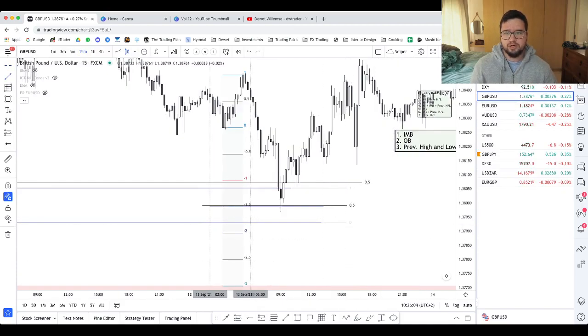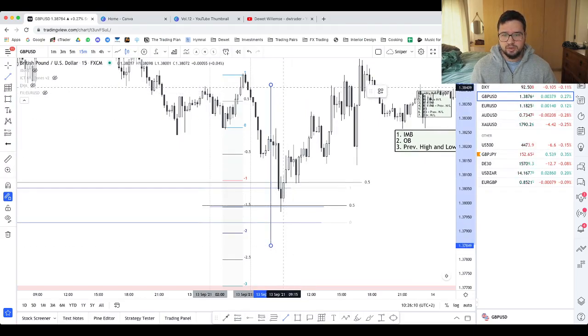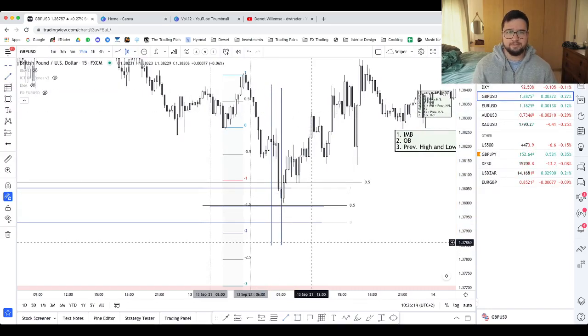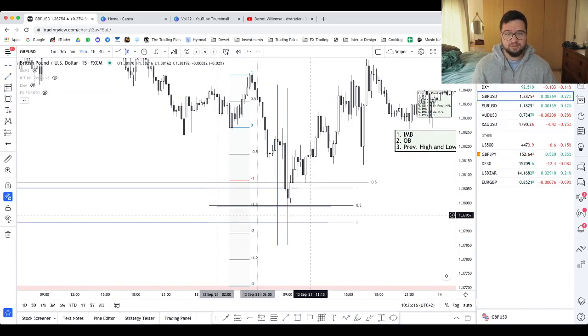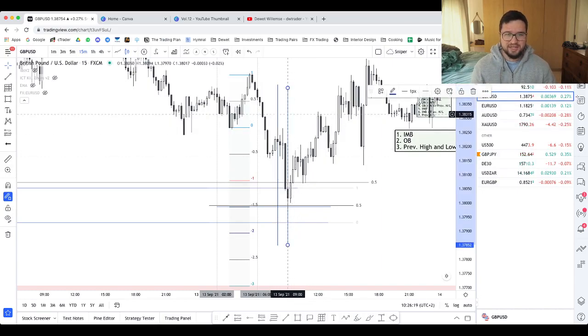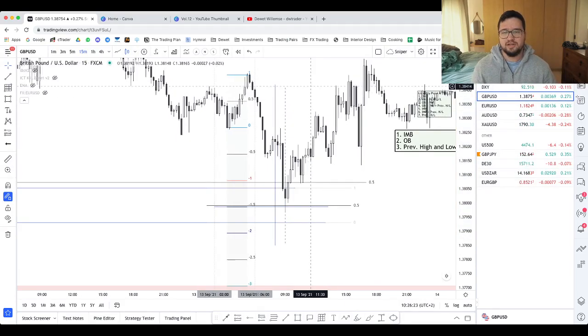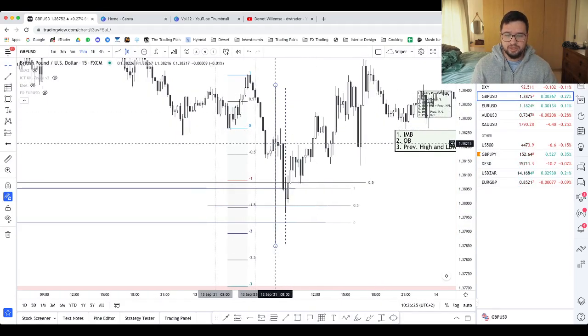So let's plot out London Open, Frankfurt Open, and New York Open. Look at that. I mean, this is art in its rarest form, in its purest form. Frankfurt Open, price consolidates a bit.